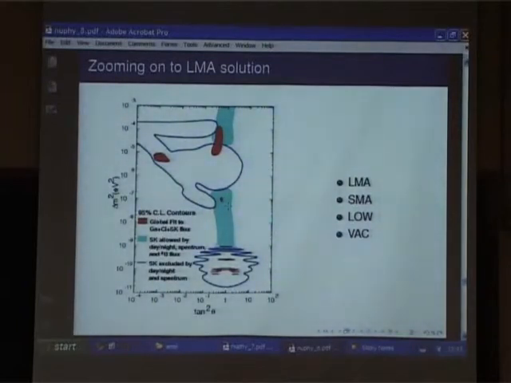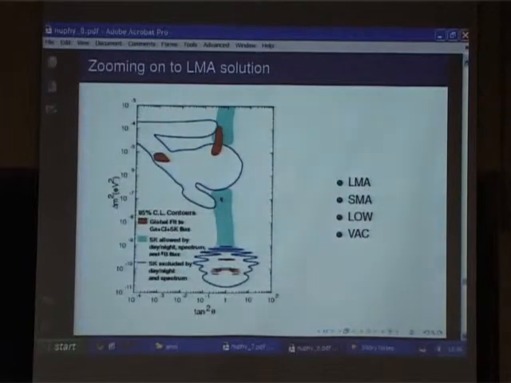All the three characteristics can be read from this plot. If a region is in the allowed range of the day-night spectrum, it can still be violated by the energy spectrum. So this top part happens to be the area which is allowed by everything.